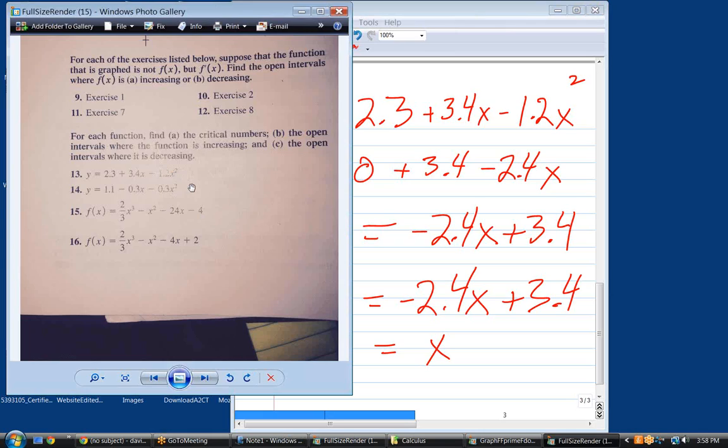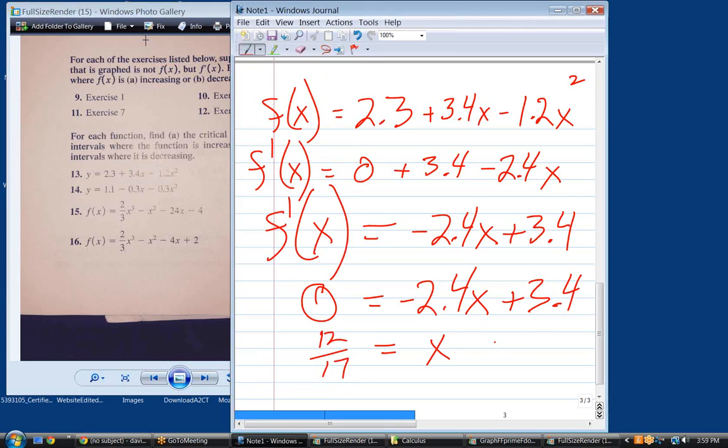And the open intervals where the function is increasing, well, that's where this first derivative is positive. Is it positive to the left of my critical point or to the right? Let's see. The first derivative? Positive to the right?